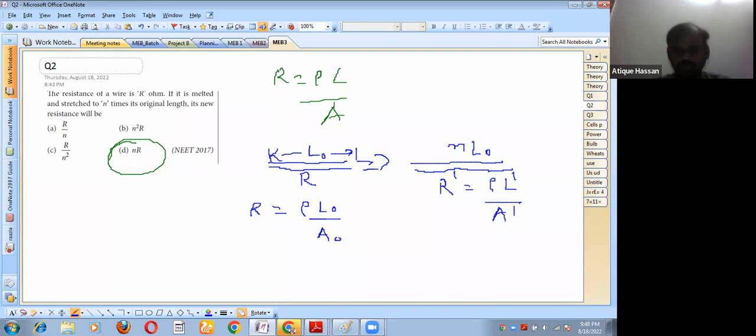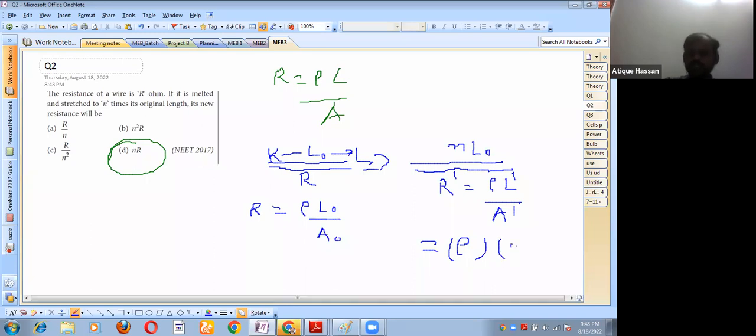So R is rho L0 by A0. Now to find the new resistance, we apply the formula rho L dash by A dash. Rho is a constant, resistivity is the property of the material. The new length is given as nL0, but we don't know the area.